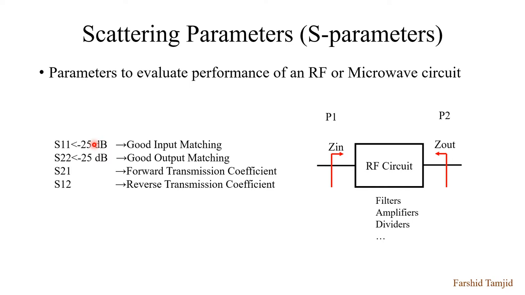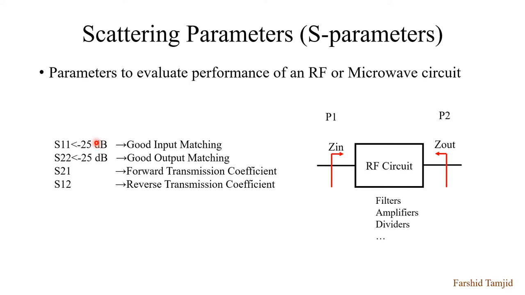But when you go toward more advanced circuits, it's much harder to get to minus 25, and you will have a more narrow band if you want a better S11, even better than minus 15, and it's harder. You will have a narrower band, and we don't want that.